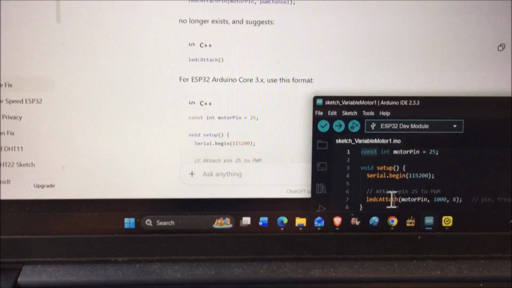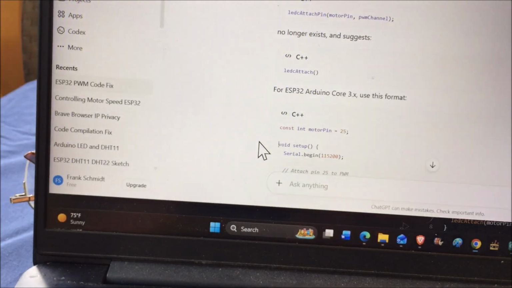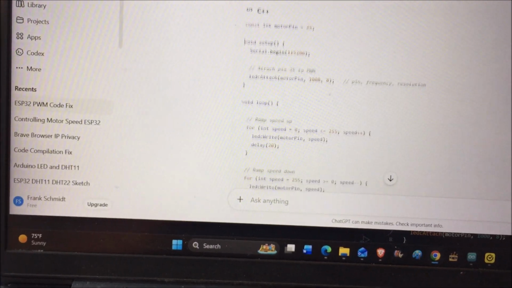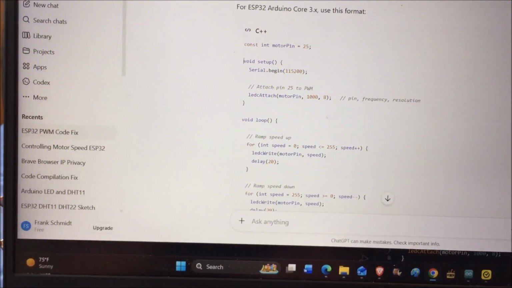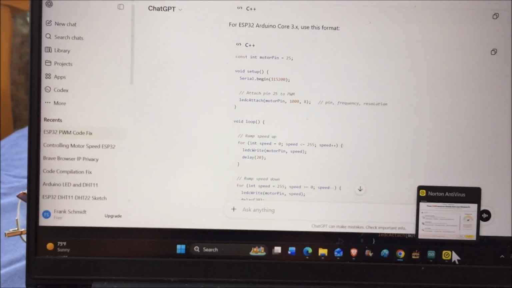Right here. So then they gave me the new rewritten code that they say will work, and I copied that and pasted it into Arduino, and it did work.